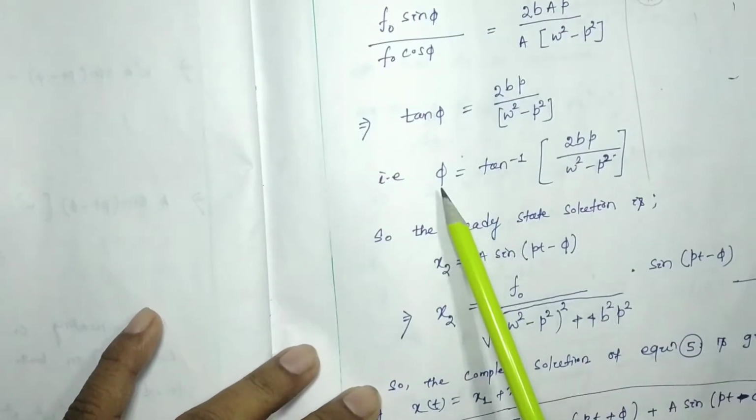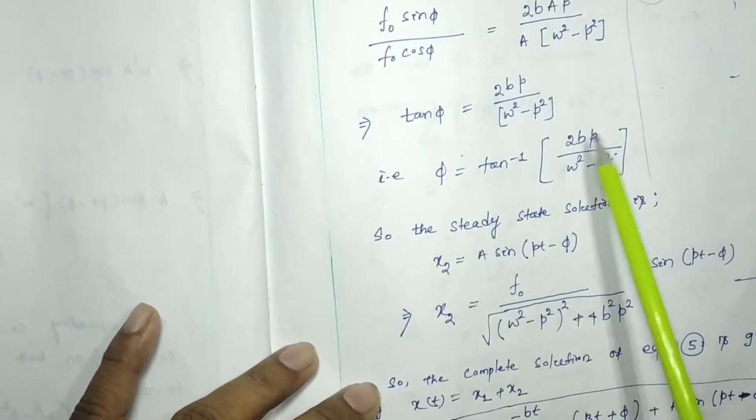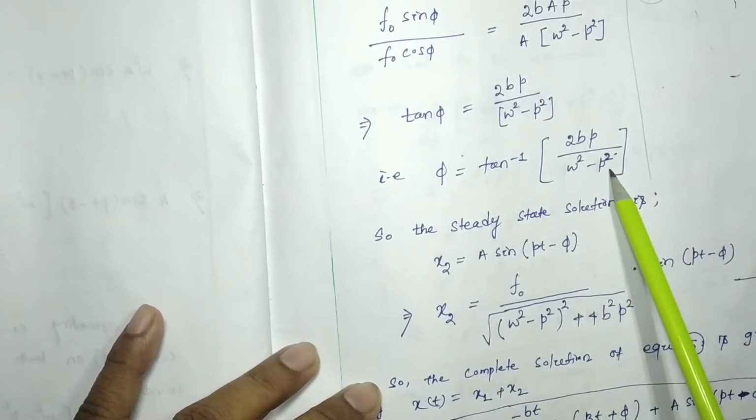Then phi we can find as tan inverse of 2bp by omega square minus p square.